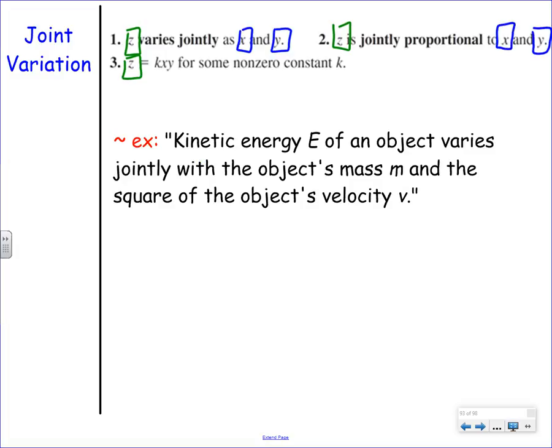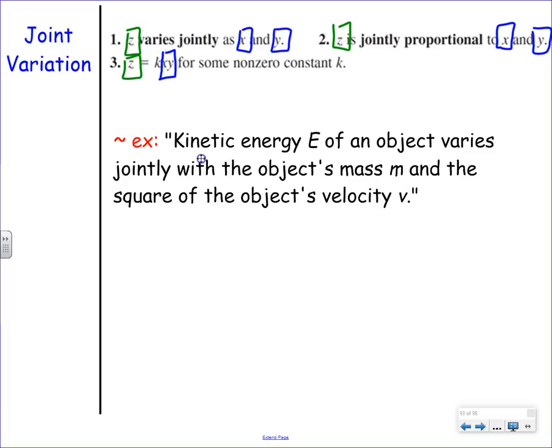So it's still direct variation, but z is related to x and y, so we call it a joint variation since it's dependent on both of those quantities.